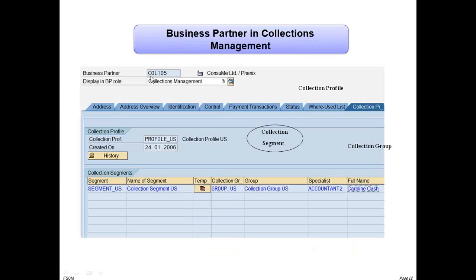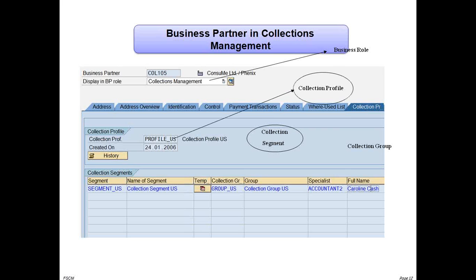If you check the same customer in the classic FI area, you can see him with the same number also. But you are going to assign a specific role, whether it is a collection management related customer, a dispute management related customer, a credit management related customer, or a treasury management related customer, by assigning a specific business role. One of the key elements.